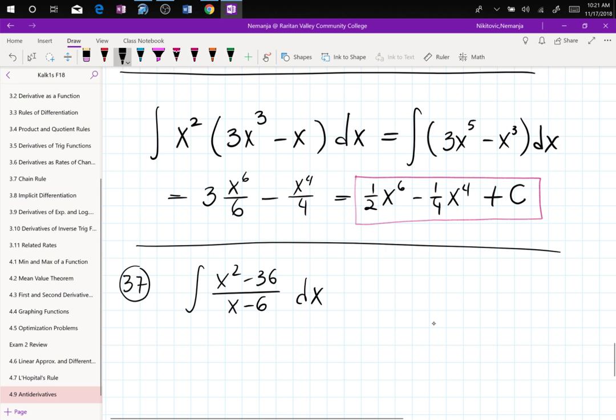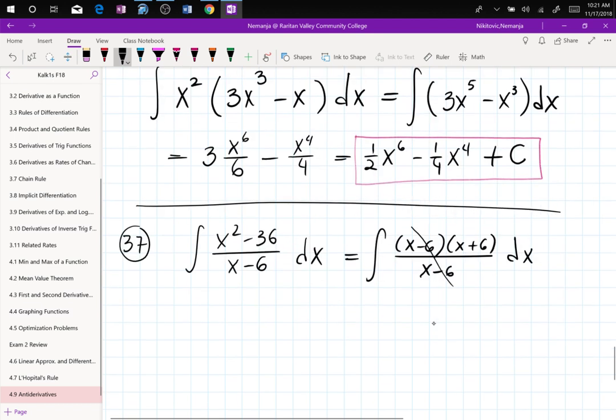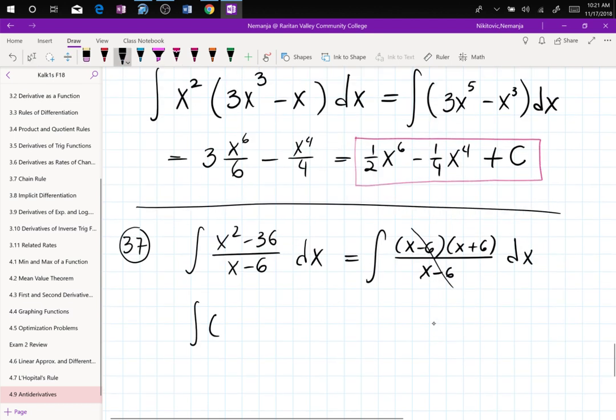So what do we do? Factor. Good. So we have x minus 6, x plus 6, divided by x minus 6. Cancel. And all I have to worry about is x plus 6 dx, which is x squared over 2 plus 6x plus c.